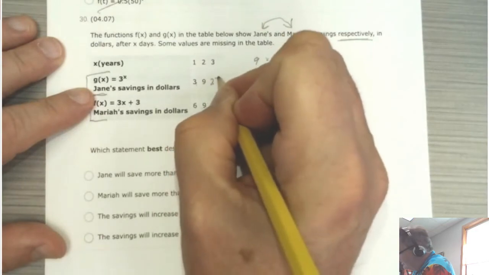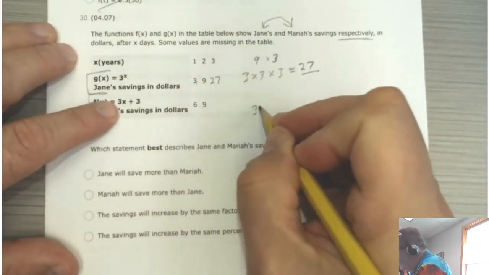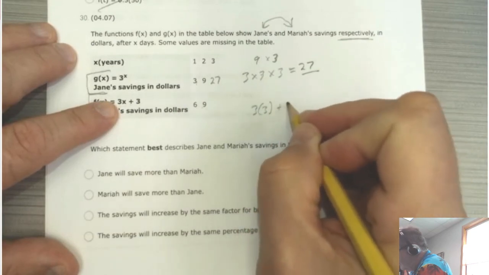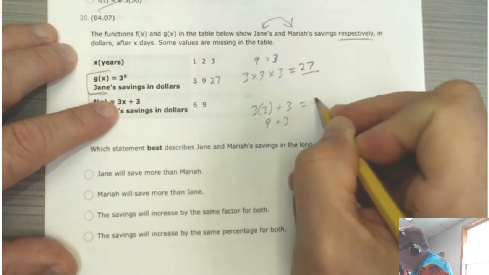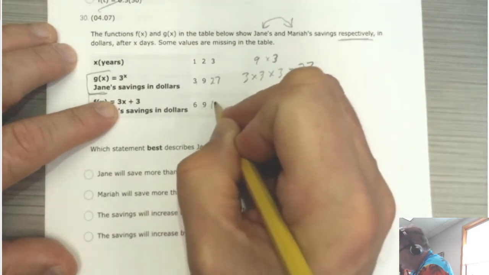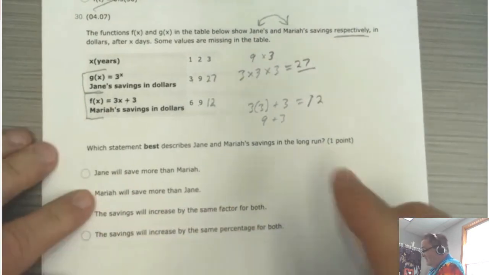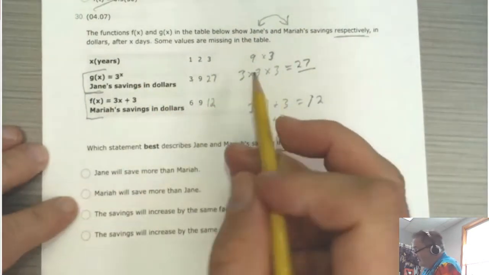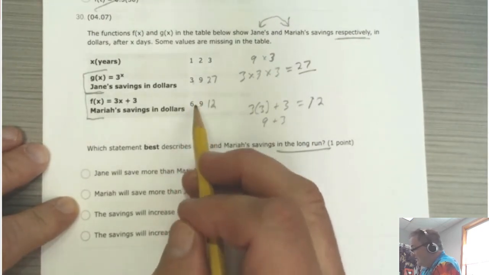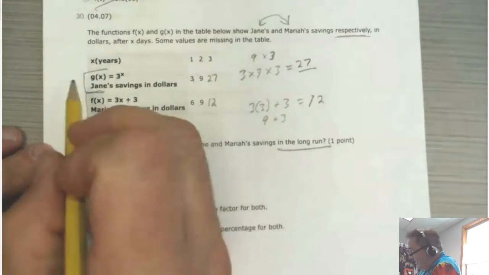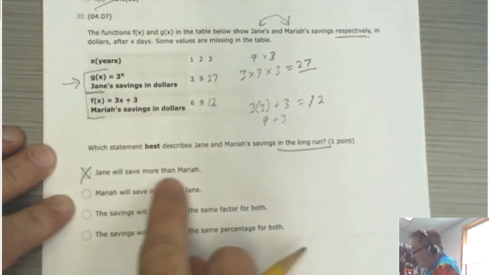So this would be 27. 3 times 3 plus 3. 3 times 3 is 9 plus 3, 12. So this is 12. So in the long run, as it continues on, 3, 9, 27 and 6, 9, 12. It looks like Jane is going to end up with a lot more money than Mariah.